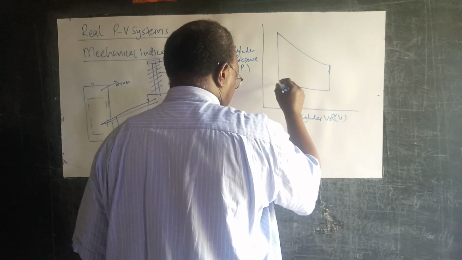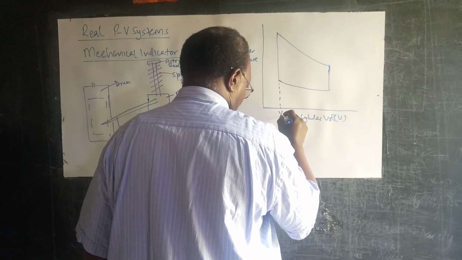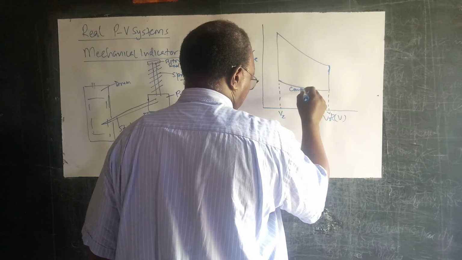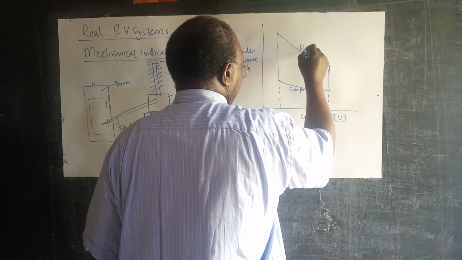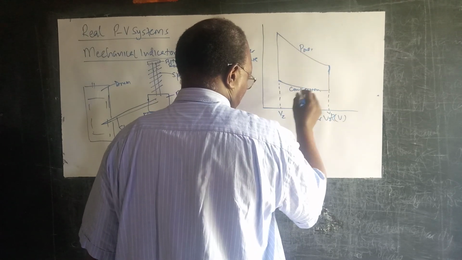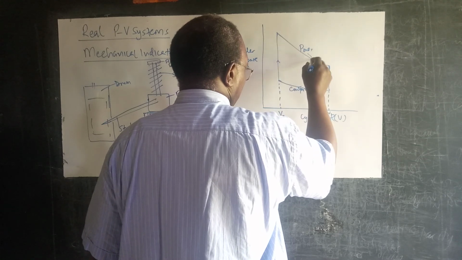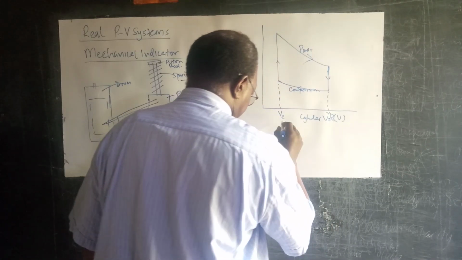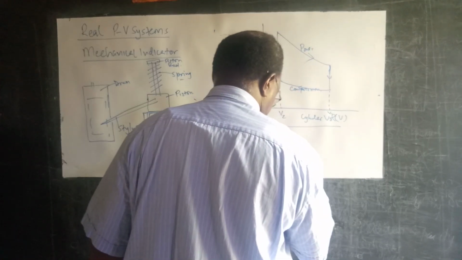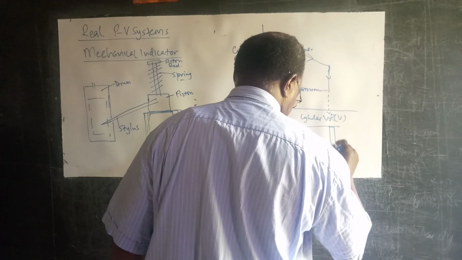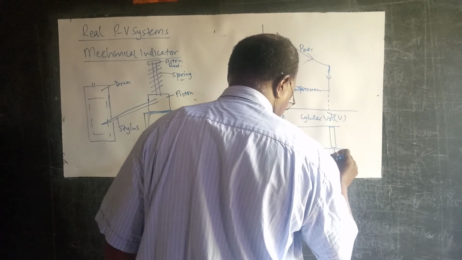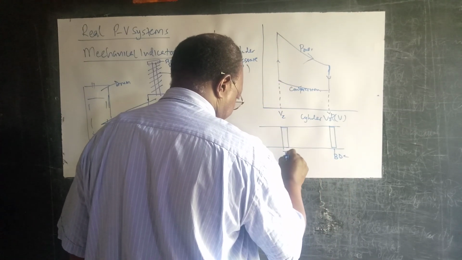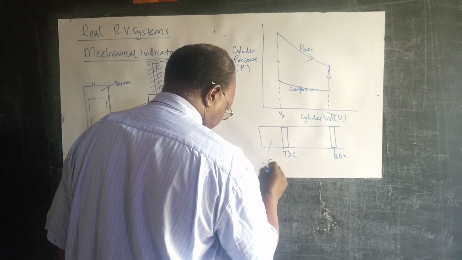We have V2 and V1, this is compression, this is power, and let's just draw the profile of a cylinder: this point is the bottom dead center, and that corresponds to the top dead center. This is the clearance volume.